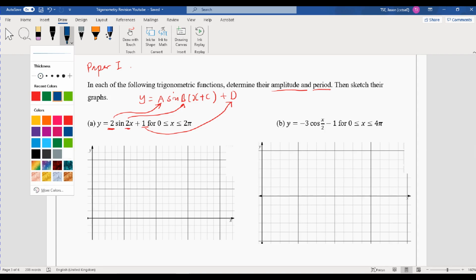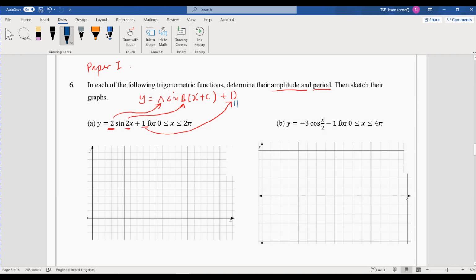There are several names for it, but in the PowerPoint I just use the horizontal middle line. In more technical terms, you should use equilibrium position. If D is 1, that means we should draw a line y equals 1 as the middle line.